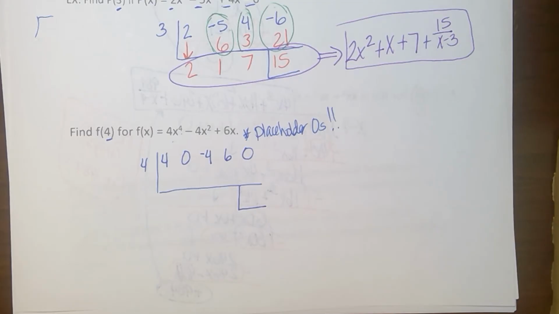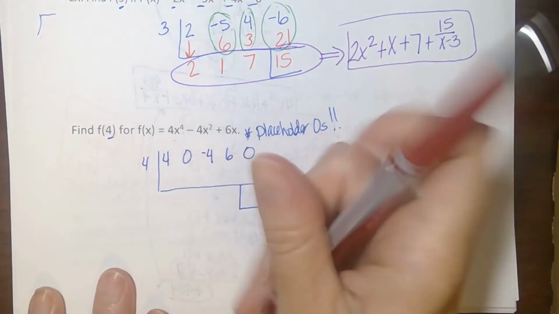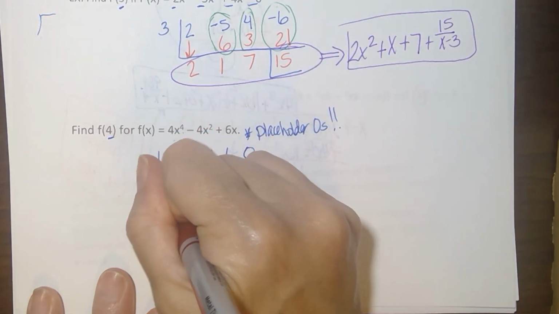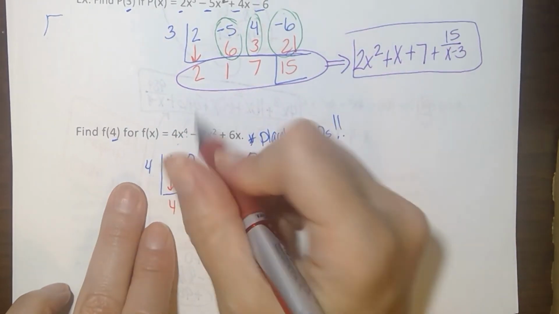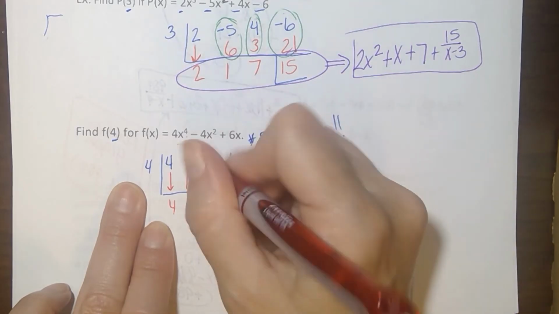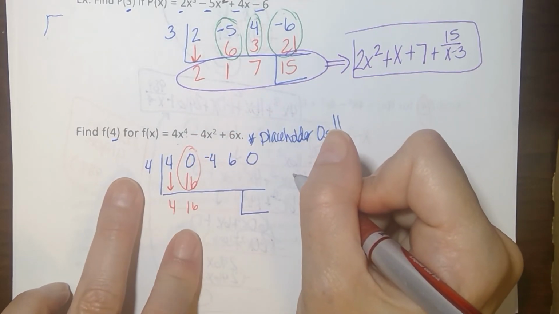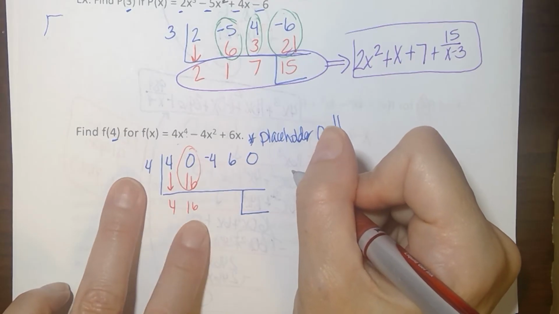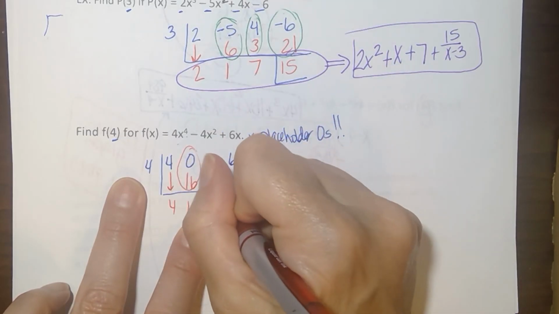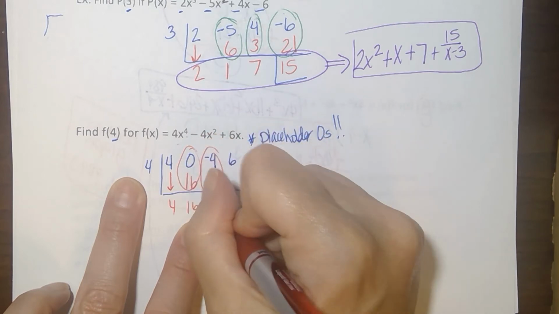Let's do our synthetic division. Bring down the first value every time. Multiply on the outside. Add on the inside. Multiply on the outside. 4 times 16 this time. Add on the inside.